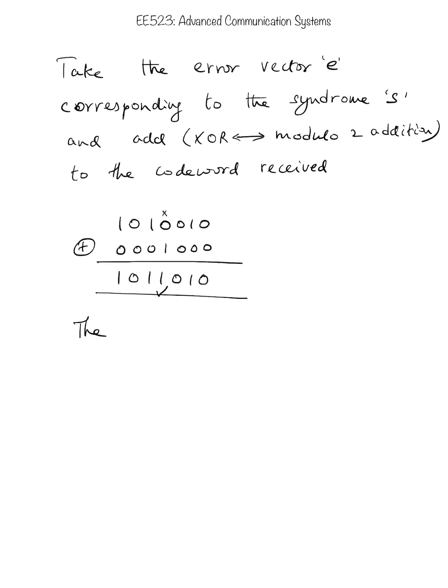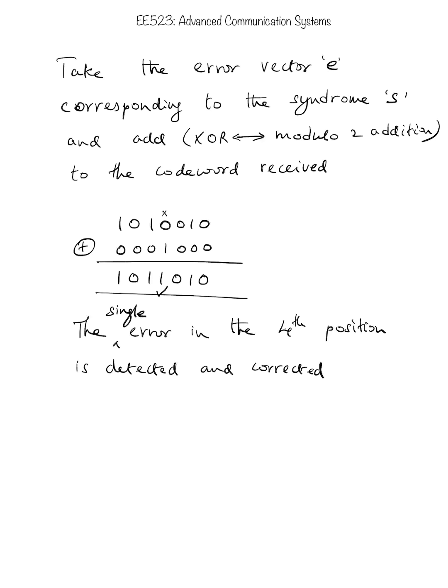The error in the fourth position is detected and corrected. We had only a single error. If you recall, the 7/4 Hamming code can detect a maximum of 2 errors and correct a maximum of 1 error. Because we had only a single error, it is able to detect as well as correct it.